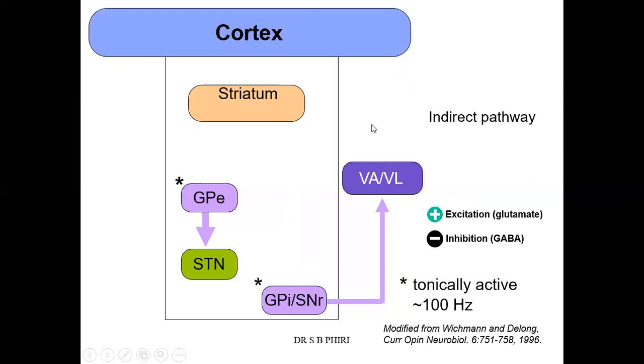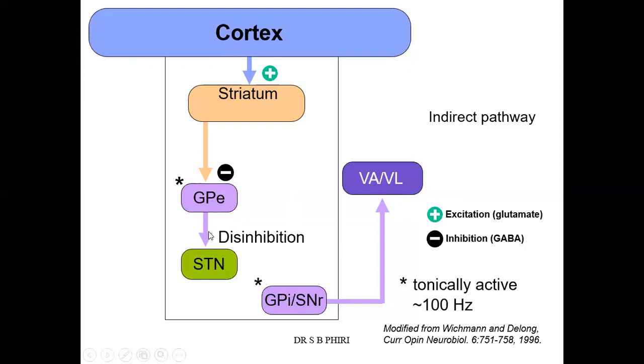But now what happens in the indirect pathway? You have neurons projecting to the striatum, stimulating the striatum because these are glutaminergic neurons. The striatum is going to project to the globus pallidus external. And this neuron that has been stimulated is inhibitory. So it's going to inhibit the neuron from the globus pallidus external that is projecting to the subthalamic nucleus.